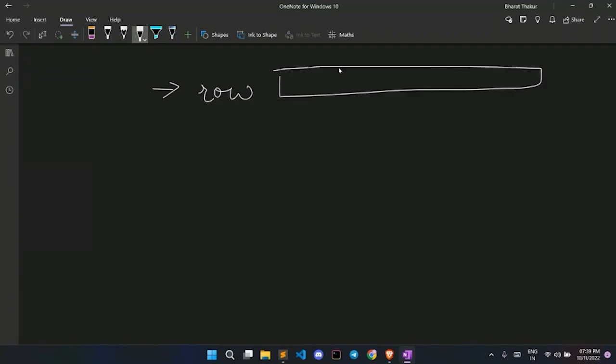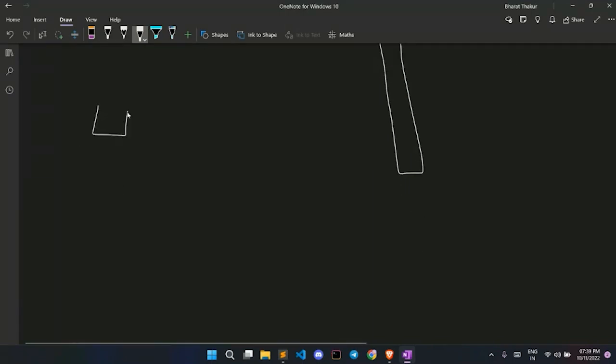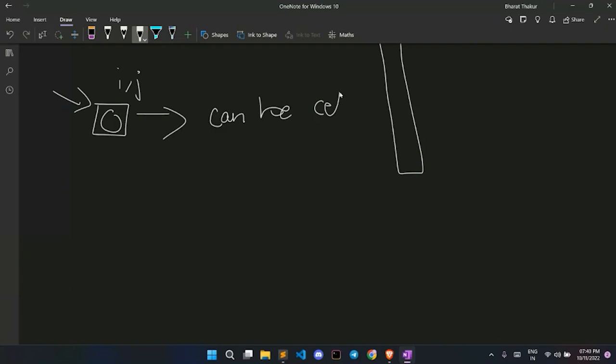We are checking for every value. So we are once going in the row. For the entire row, we are checking all the values. And for the entire column also, we are checking all the values. And for every I comma jth value, what it tells us: if this value is 0, that means this person can be celebrity. Okay.